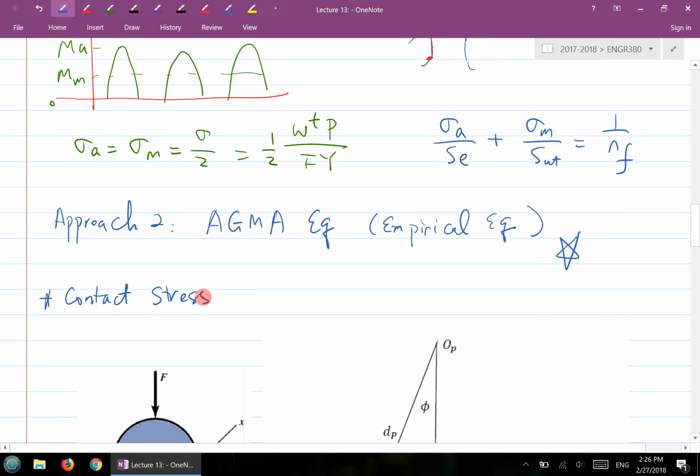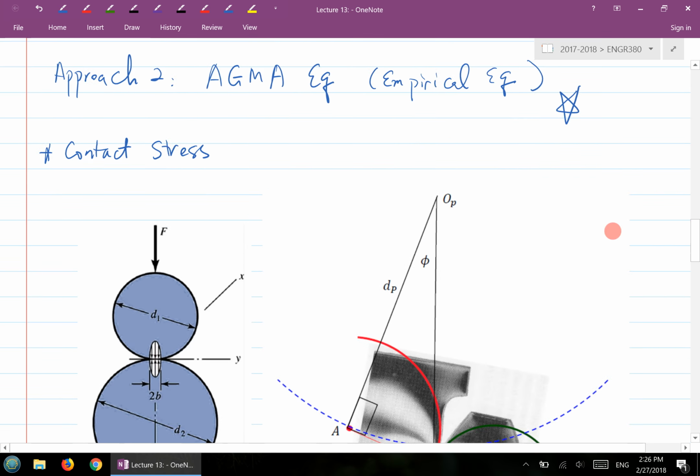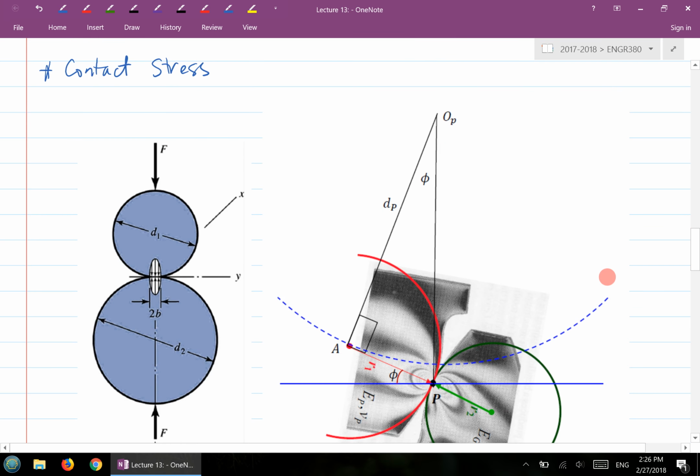Looking at the contact stress, the first step is, how do we model this contact stress? To model the contact stress, we use the so-called Hertzian stress model. We use the Hertzian stress model to model the contact stress between a pair of gear teeth. So here is how Hertzian stress is derived.